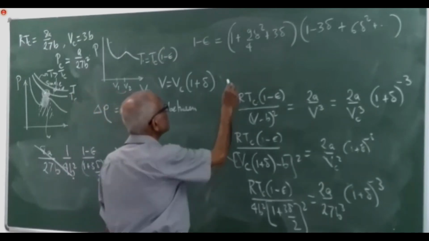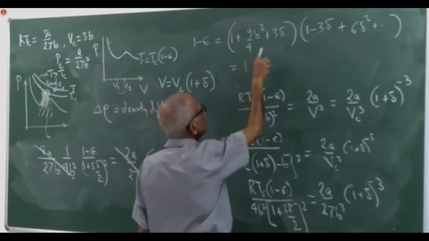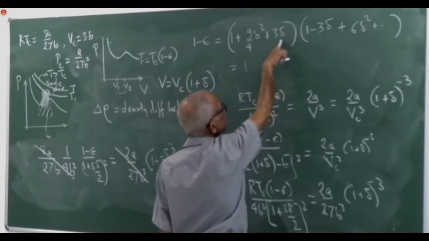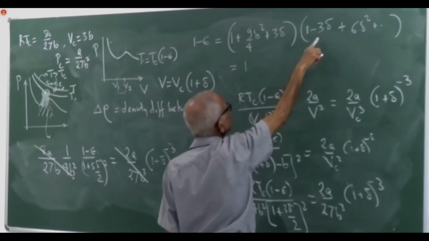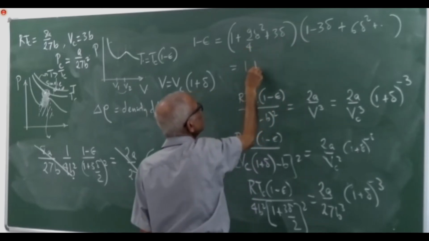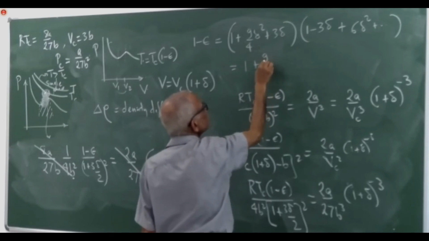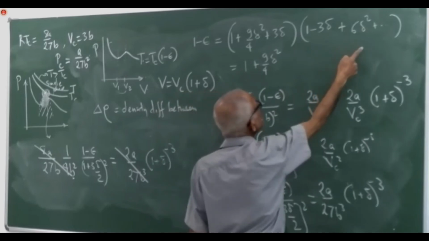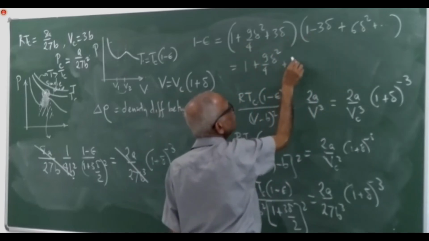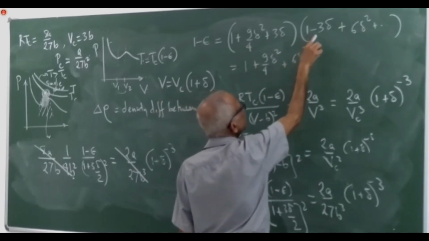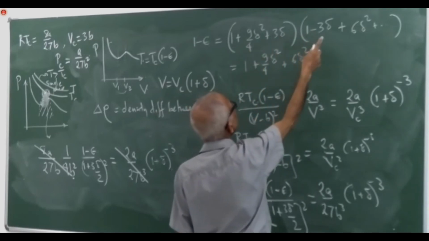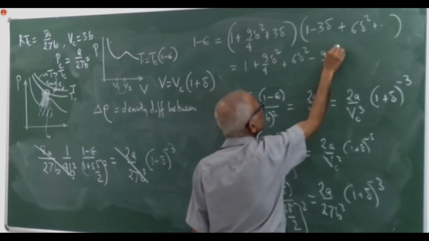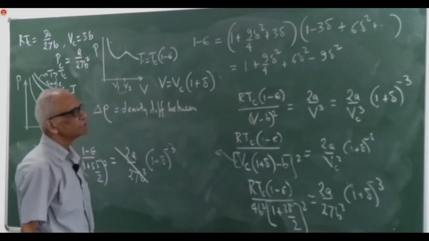Right. So this is equal to 1, and now the linear terms, plus 3 delta cancels out with the minus 3 delta. So I have 1, and this gives 9 over 4 delta squared. And then this with the 1 gives me 6 delta squared, and the delta and the delta gives me minus 9 delta squared. So that is up to then.